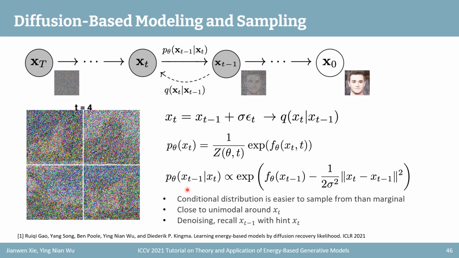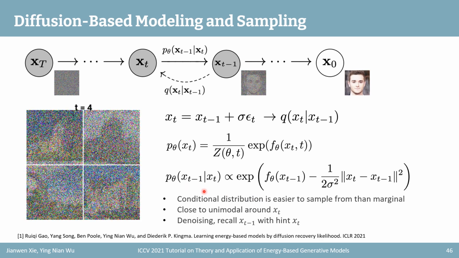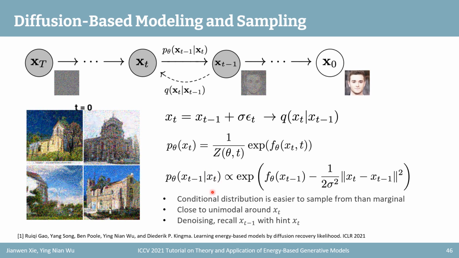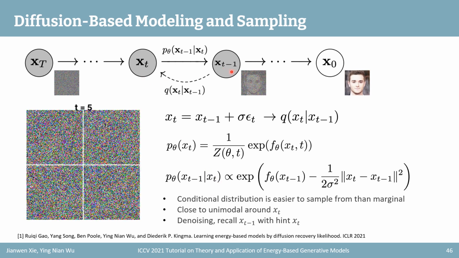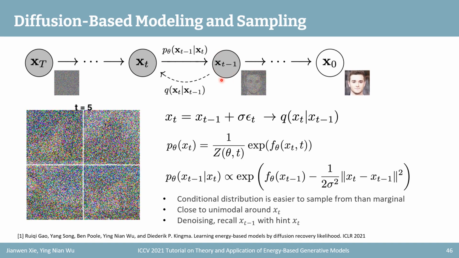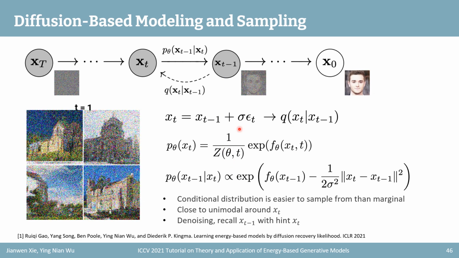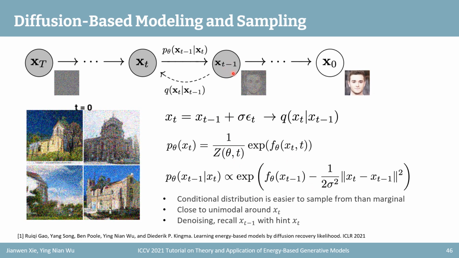That is, if we consider the conditional distribution of x_{t-1} given x_t, so that given x_t, we want to recover x_{t-1}, where x_t is a noisy version of x_{t-1}. This distribution can be considered as a prior distribution of x_{t-1}.